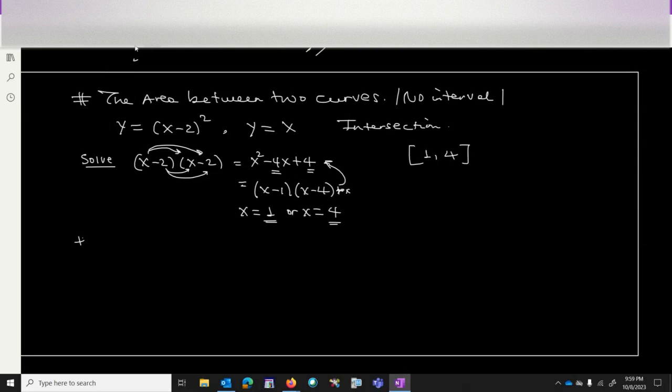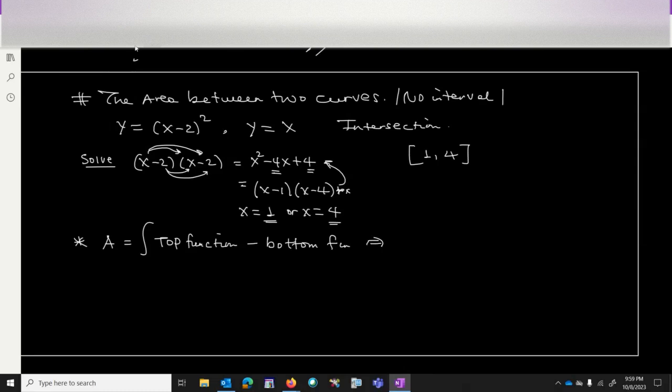Now, the second task is remembering the formula. The area between the two curves is given by the integral of the top function minus the bottom function.